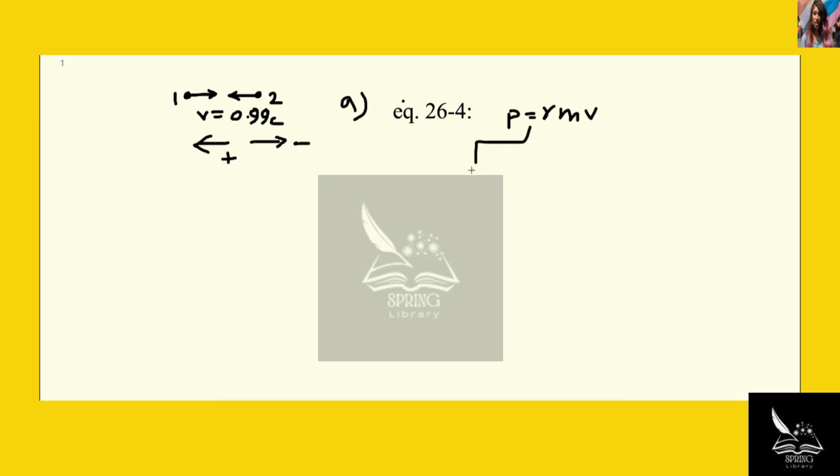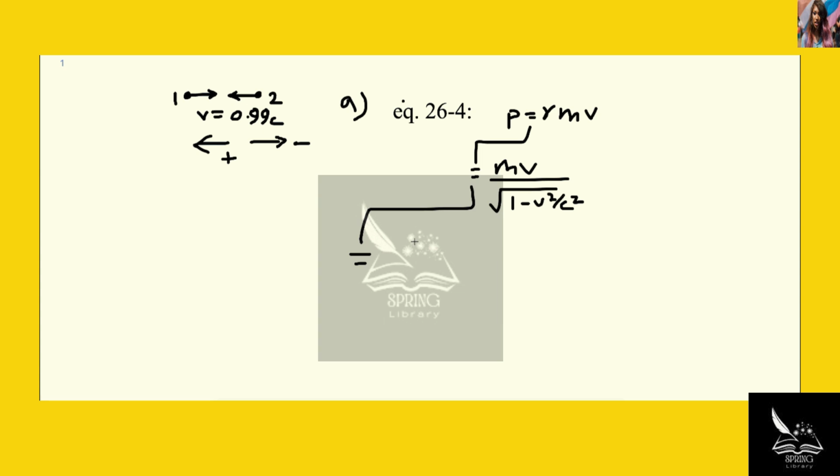So that is just mv over square root of 1 minus v squared over c squared. And mass is the same for both protons. They're moving at the same velocity, just with a different sign. So momentum will be equal and opposite, all right? And so this will be the same magnitude of momentum for both protons.